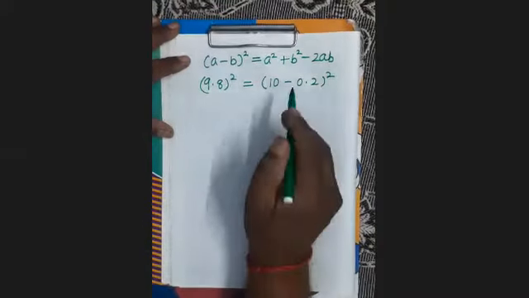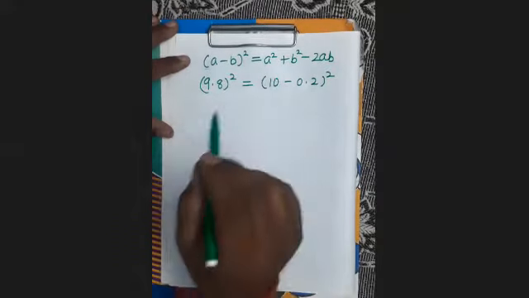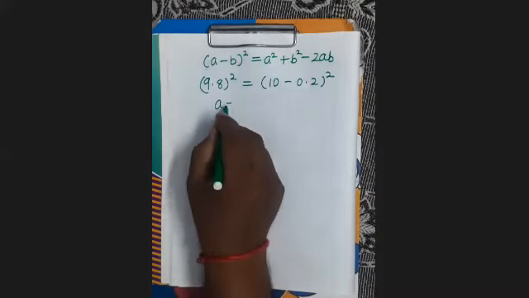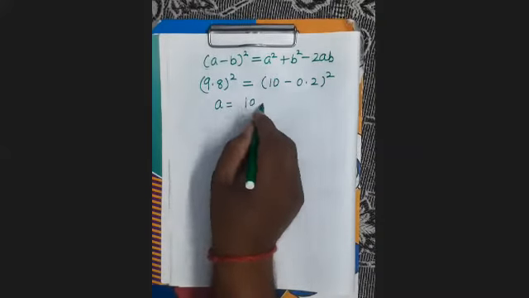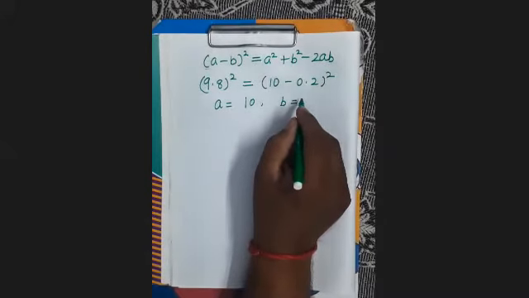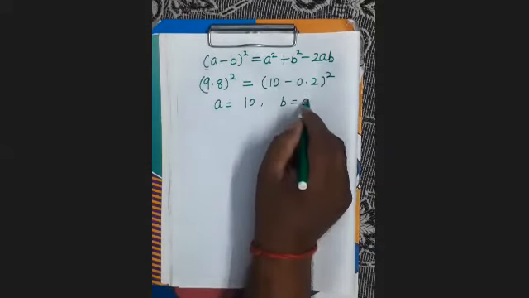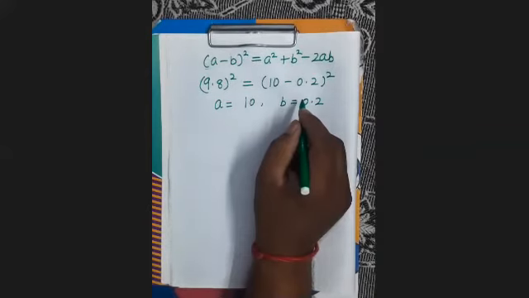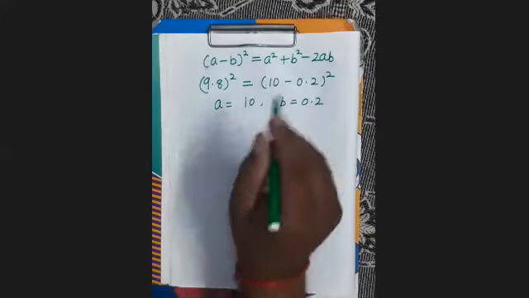When you will compare from this, what will you get in place of A? 10. What is in place of B? 0.2. Now you substitute here.